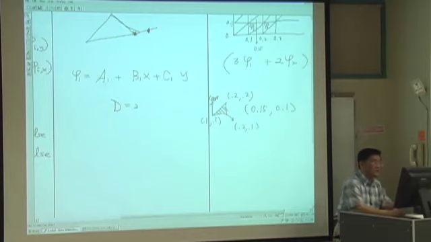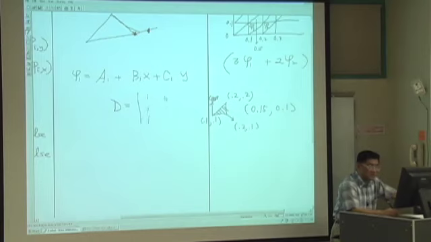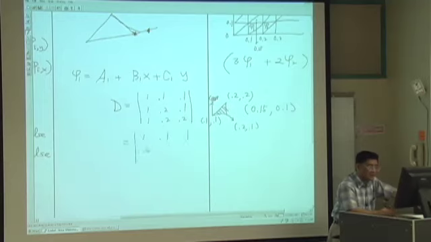Let's really calculate it instead of just using the result. So it is 0.1, 0.1, 0.2, 0.1, 0.2, 0.2, and we can do this calculation by subtraction of the first row from the second and third.